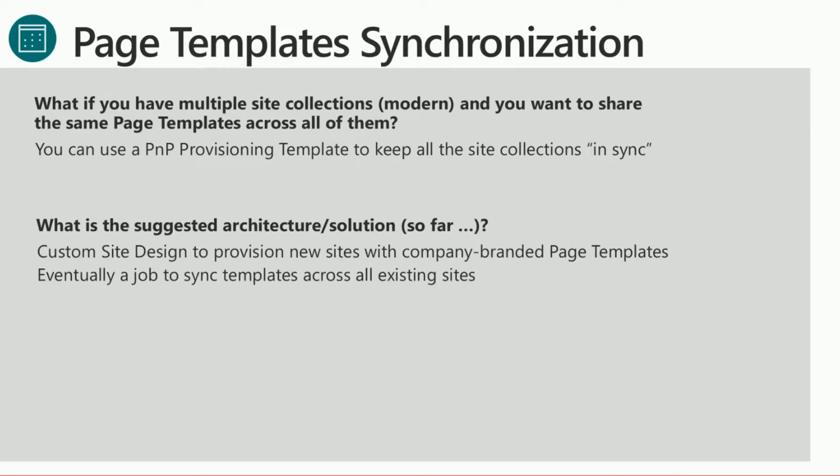But right now, what you can do is to create a custom site design which can be used whenever you provision a new modern site, so that with that site design, you can also use the PnP provisioning engine in the backend, and you can provision the page templates during the application of your site design. You can also eventually create a job which will sync, let's say once a day or whenever you want, and synchronize the page templates across all of the existing site collections.